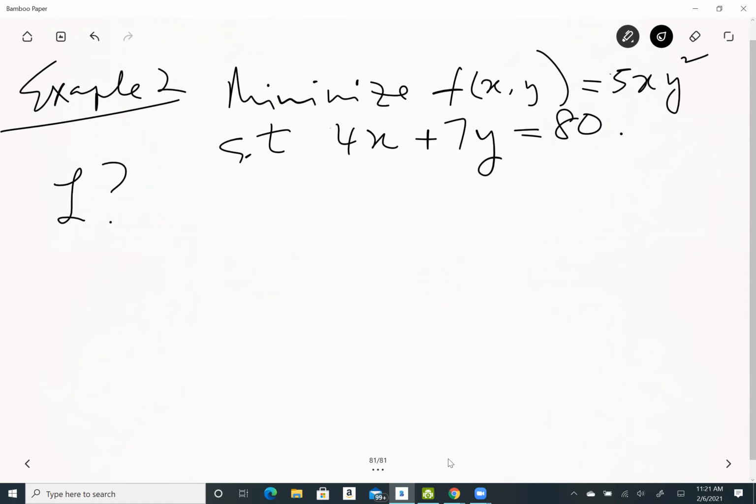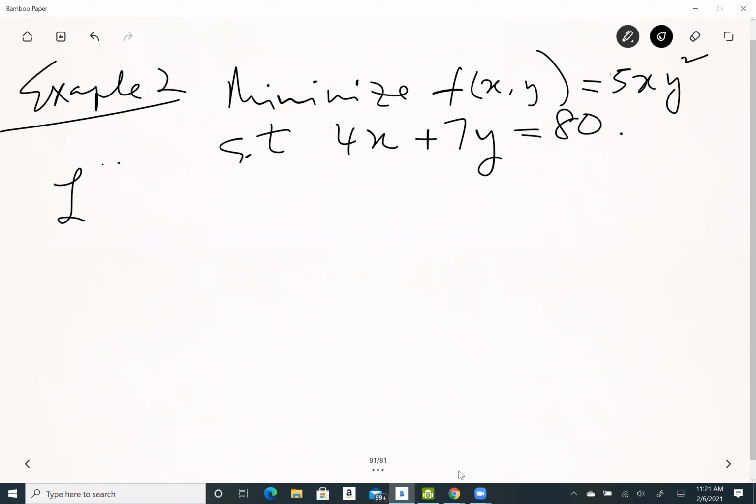Ada. Okay. Did you get the Lagrangian? Yes. Okay, good. So what is the Lagrangian? You put down the objective, and then plus the lambda multiplied by the constraint.